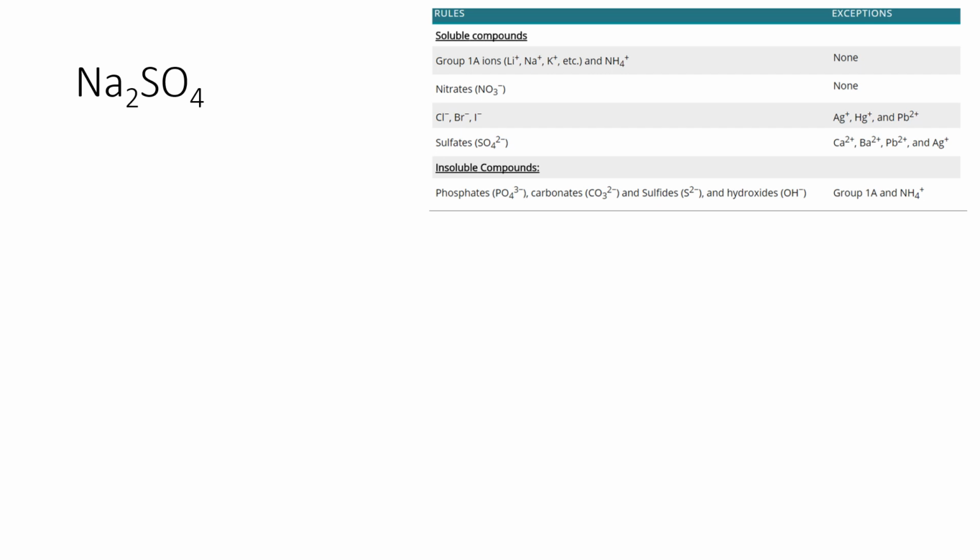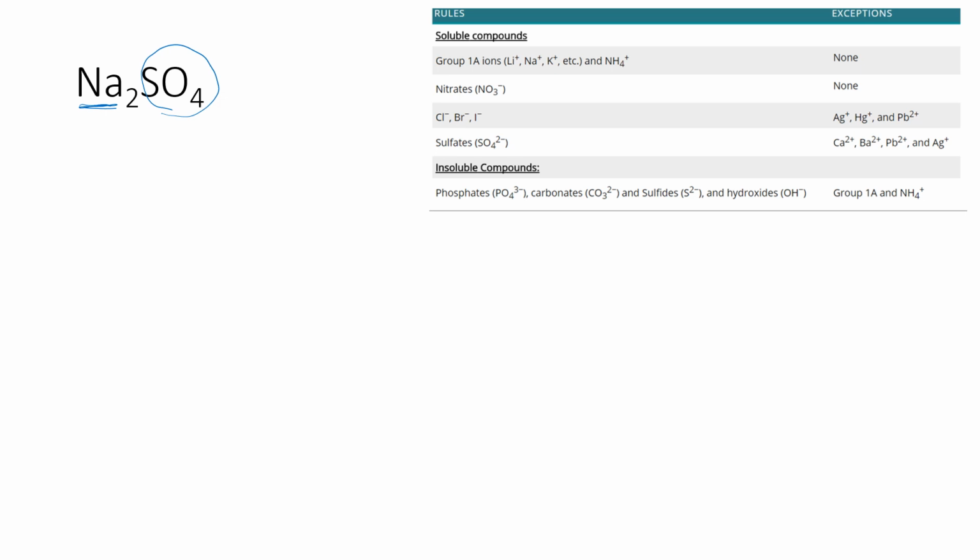It has to be an ionic compound that is soluble. So we know that it's an ionic compound because we have sodium metal attached to a polyatomic sulfate anion. Sulfate is covalently bonded together. The sulfur and the oxygen are sharing electrons, but as one unit, the whole thing has a charge. So we know it's ionic.